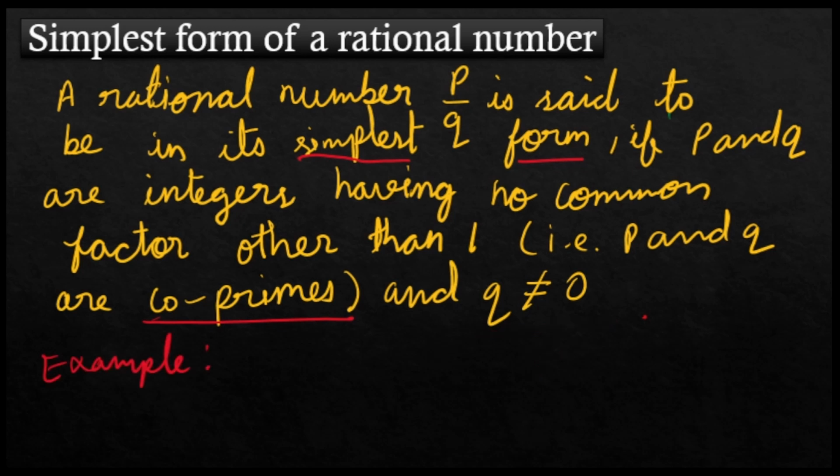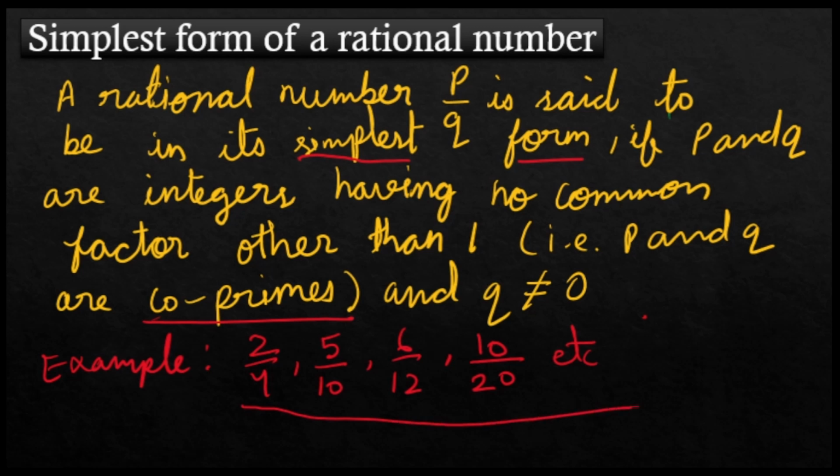Examples of simplest form are 2 by 4, 5 by 10, 6 by 12, 10 by 20, etc. The simplest form of all these rational numbers is 1 by 2. How? If you divide the numerator and denominator by 2, you will get simply 1 by 2.